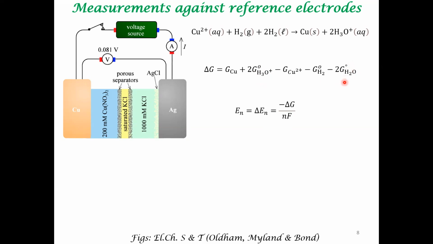Okay, there is a deep reason connected to why these two cannot be independently measured. Because of that, we use that convention that this and this are one and the same. Again, this is a standard quantity. This is also 0. All these things you must have known from your chemical thermodynamics class. So when you are measuring or computing delta G, the only relevant quantity here is the free energy of Cu2+.